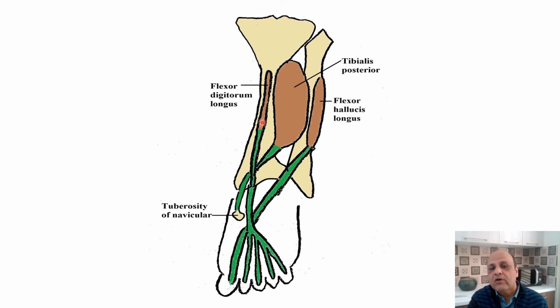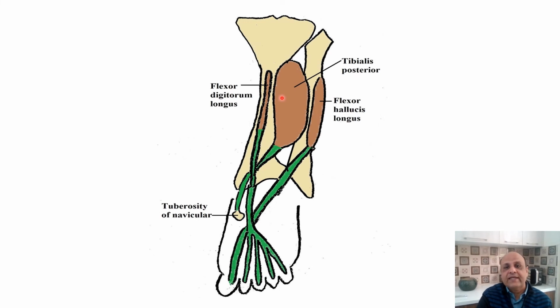Flexor digitorum longus is going to the digits, but it is arising from the medial bone, the posterior surface of tibia. The tendons, they cross in relation to the proximal part of the plantar aspect of the foot, and this explains why the muscle arising from the fibula is going towards the thumb, while muscle arising from tibia is going towards the lateral four digits.